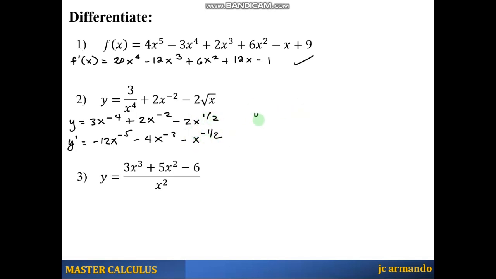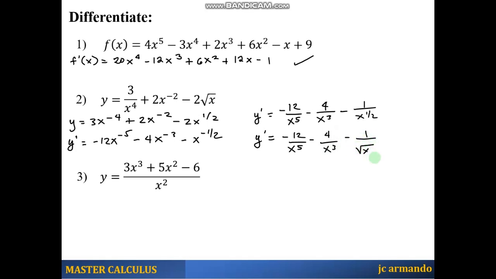So then we have now y prime equals, baba lang natin, negative 12 divided by x to the 5th, minus 4 divided by x cubed, then minus 1 over x to the 1 half. Kung gusto nyo, pwede siyang gawing y prime is equal to negative 12 over x to the 5th minus 4 over x cubed minus 1 over square root of x. Okay?